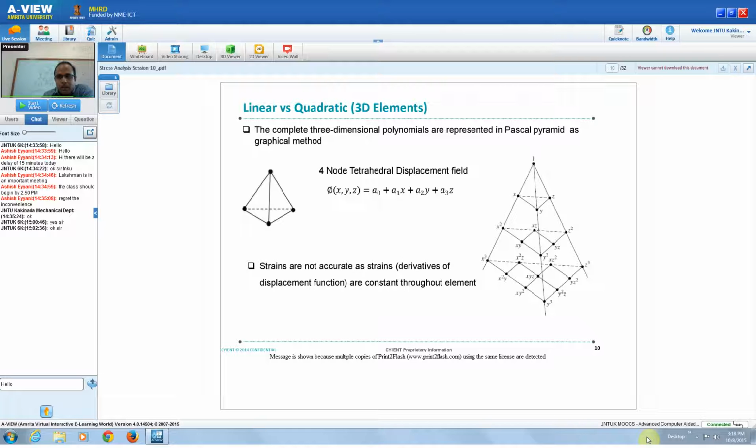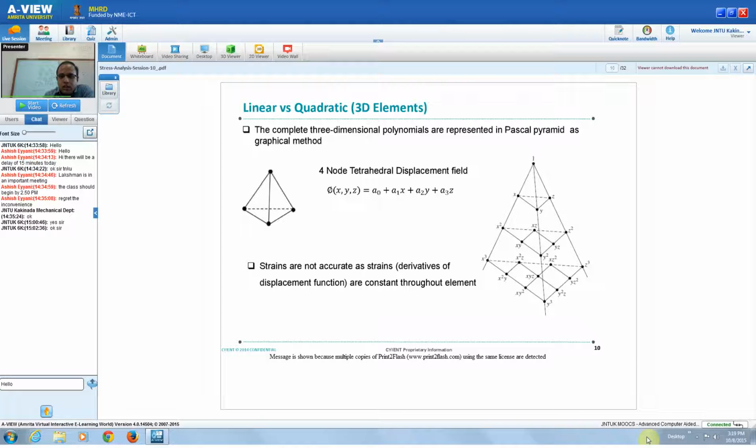The Pascal pyramid is used to define or get the 3-dimensional polynomials. So for a typical 4-noded tet, the top 4 factors straight away we can take. So here we have 1, x, y, and z. They all represent the 4-noded tetrahedral element.